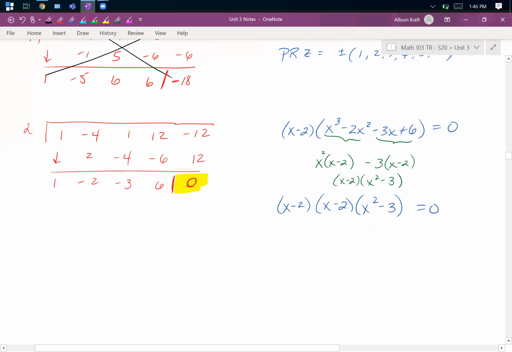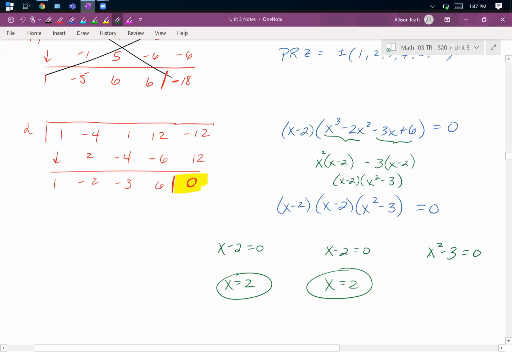Remember that our objective in this example is to solve the equation, not necessarily rewrite it as a product of linear factors. So once I get down to this quadratic, I'm just setting every factor equal to 0 and solving. We get x equals 2, x equals 2. Which technique would be easiest to solve this quadratic?